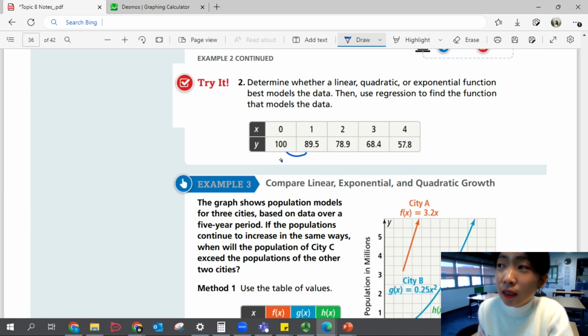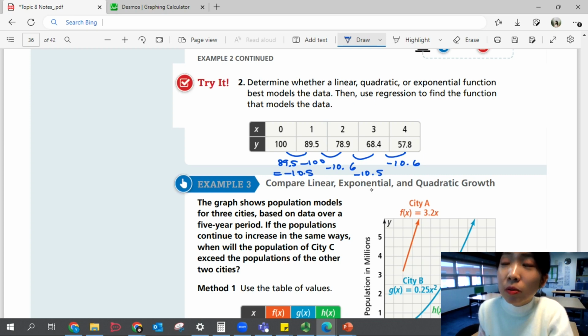Okay, so 89.5 minus 100 is equal to negative 10.5. Okay, 78.9 minus 89.5 is negative 10.6. 68.4 minus 78.9 is negative 10.5. 57.8 minus 68.4 is negative 10.6.